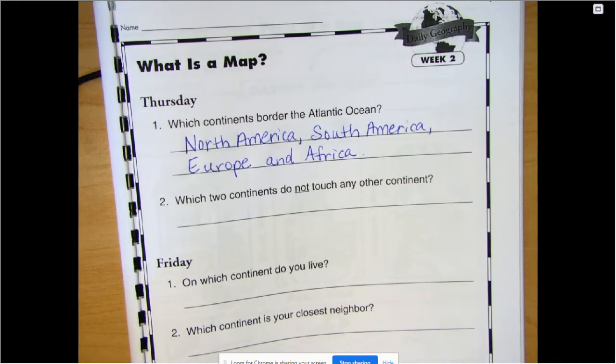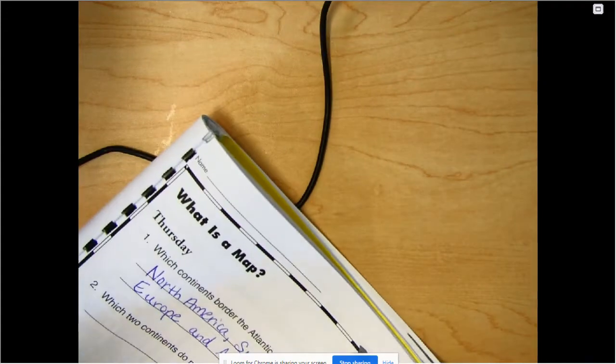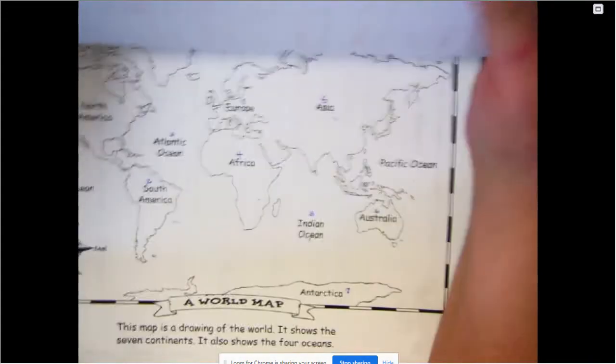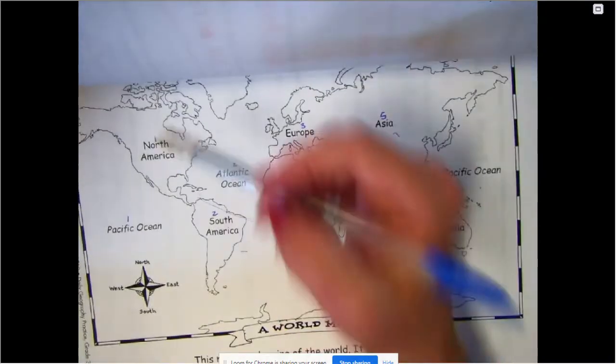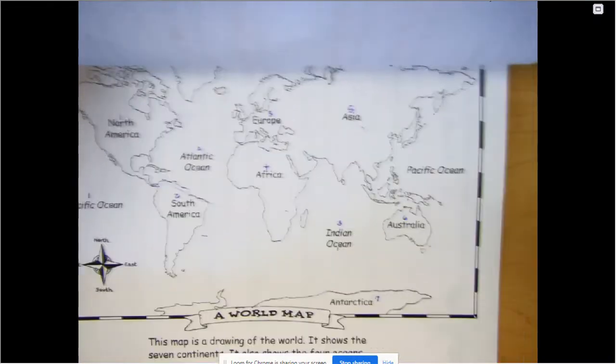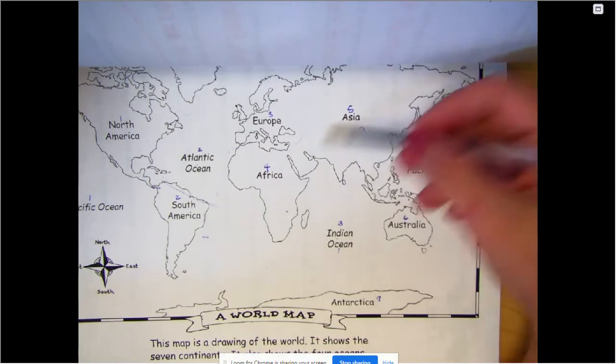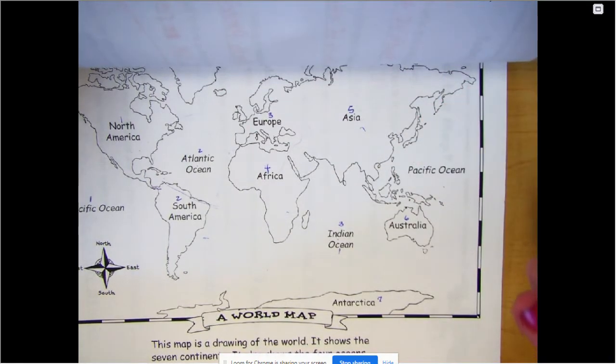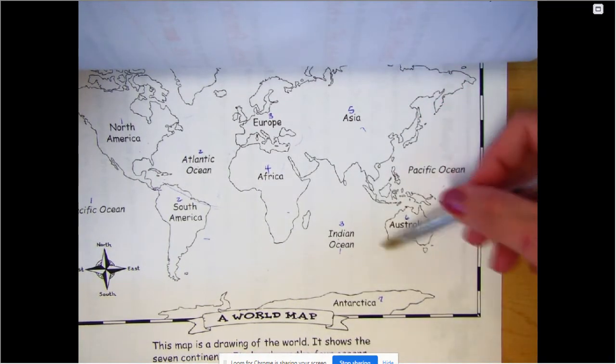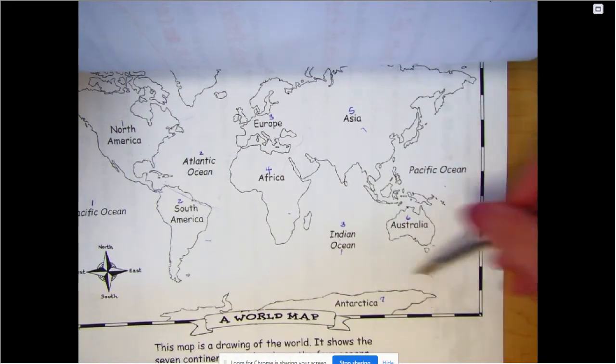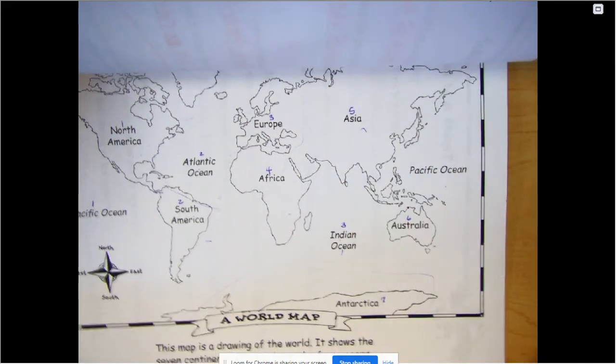Number 2 says, which 2 continents do not touch any other continent? Okay, so we call that usually an island. Which ones don't touch any other continent? Well, these 2 touch each other, they're connected there. These all touch each other, they're all connected. So which 2 do not? Australia has water all the way around it, and Antarctica doesn't touch anything else.